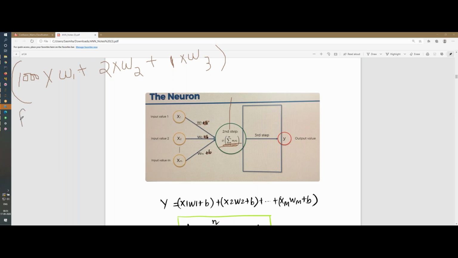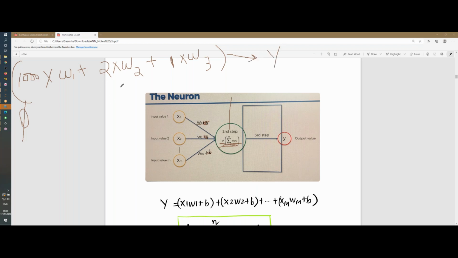I'm passing all of this through a function called the activation function. We will discuss what this phi is. What is happening is the sum over i equals 1 to m of wi xi. That is what happens within the neuron, and the output of that is your y.